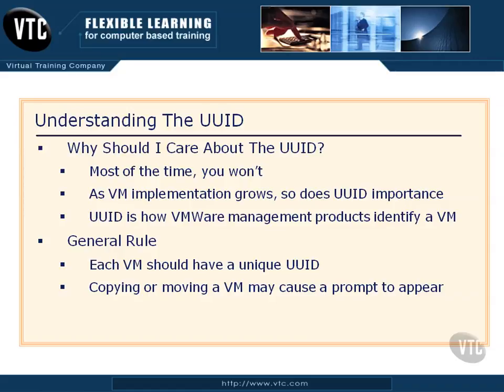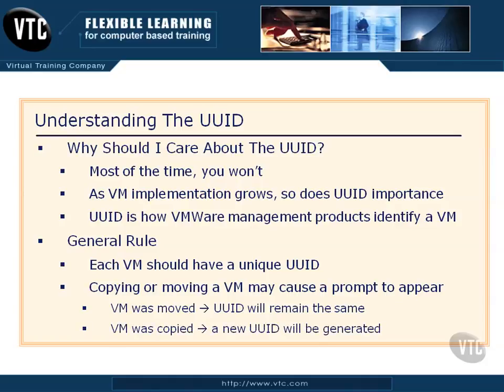Now, copying or moving a virtual machine will usually cause a prompt to appear, and it's going to ask you, hey, wait a minute, did you move or did you copy this virtual machine? The reason it's asking is that if the virtual machine was moved, then the UUID can remain the same. Nothing's happened here. There's not a duplicate version of this. It can keep the same UUID and everybody's happy.